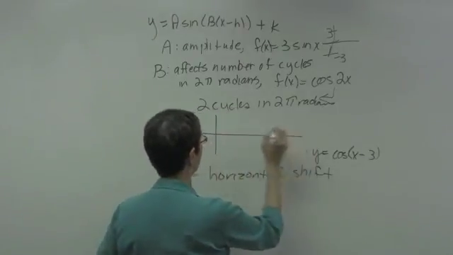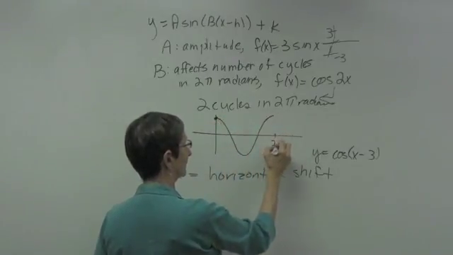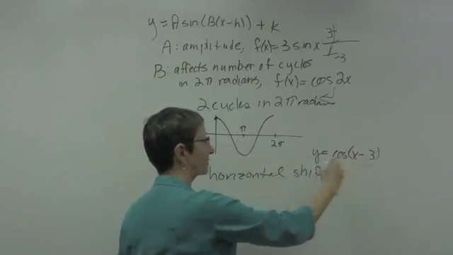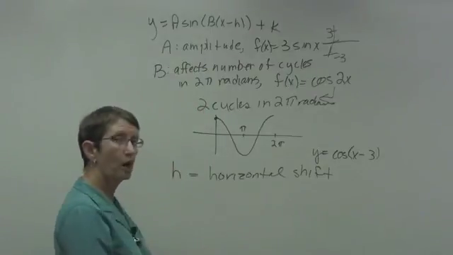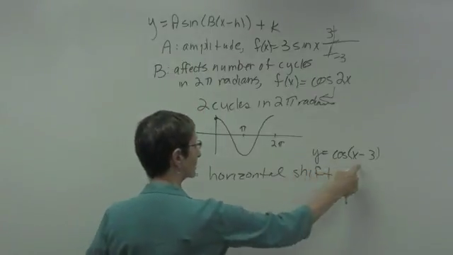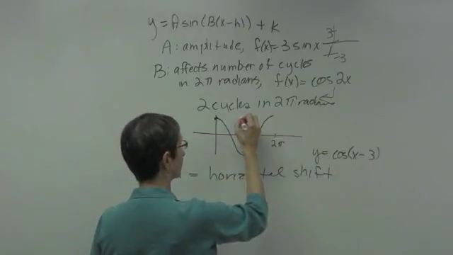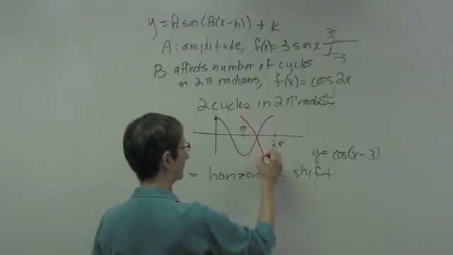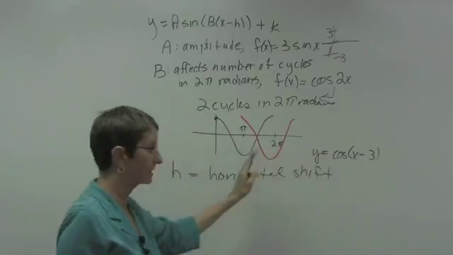My cosine function, if I start at 0 on top, this is 2 pi, and my low point would be pi. And so cosine of x minus 3 is basically a shift over almost to pi. So this graph would shift with a minus to the right and would actually start at pi and then go down and then back up, so that there would be a shift to the right.